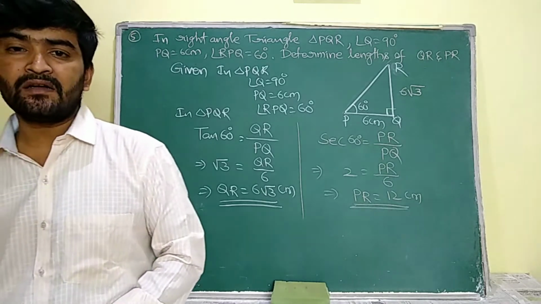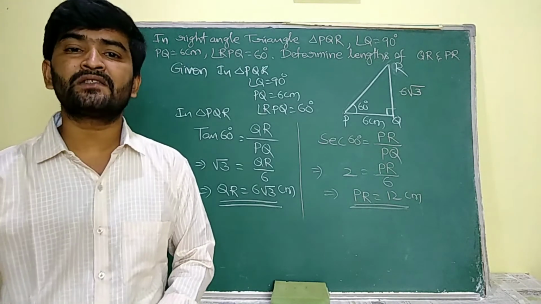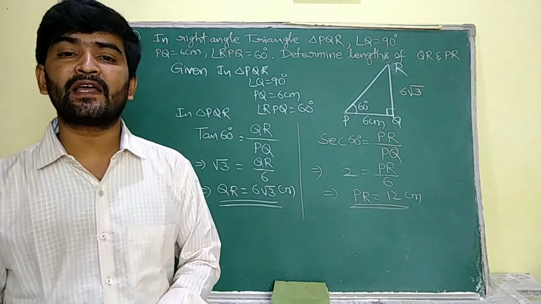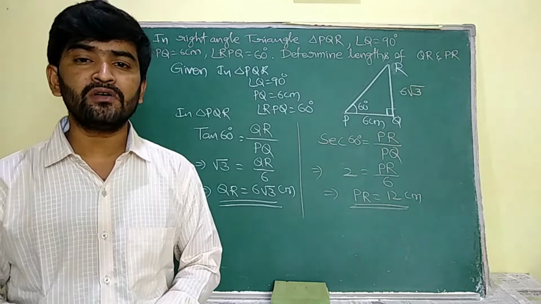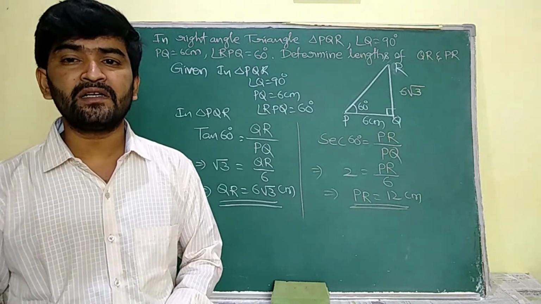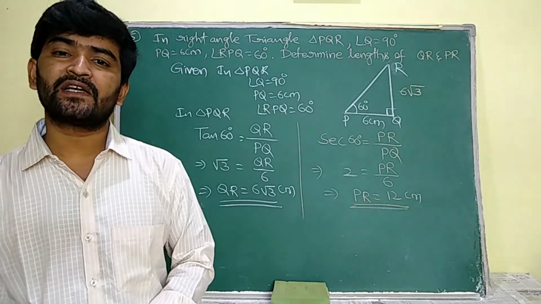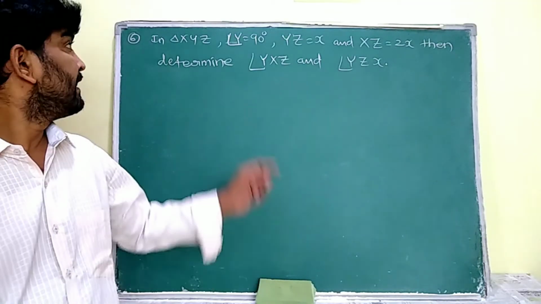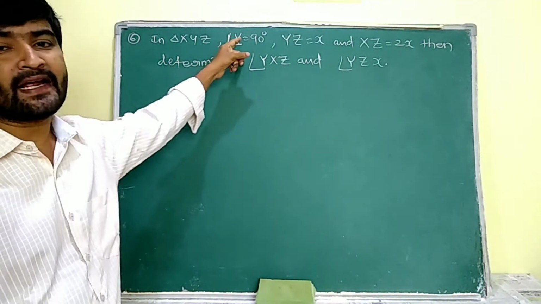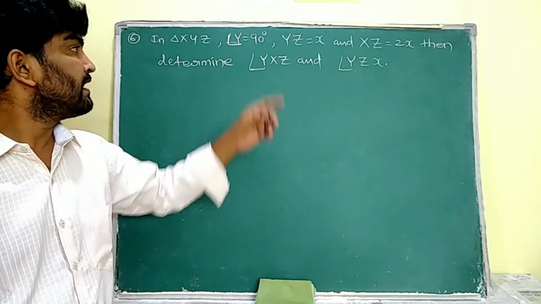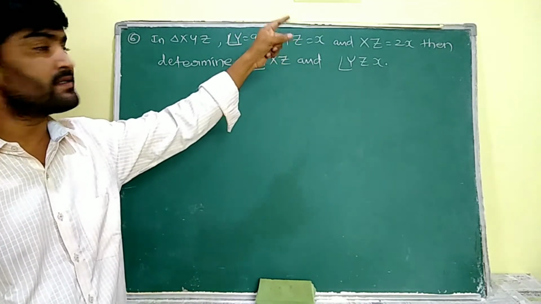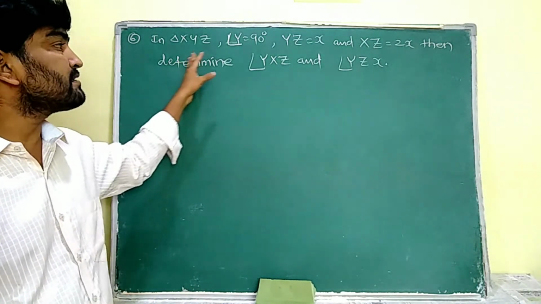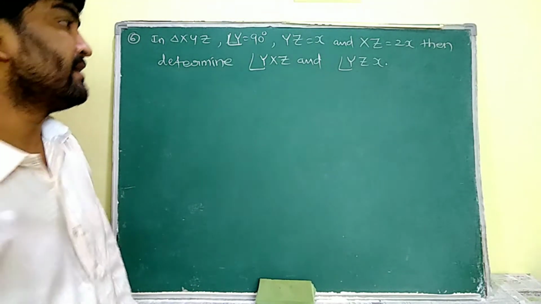Here the strategy we are following is: required side by known side, with respect to the given angle, gives which trigonometric ratio we have to check. By finding the trigonometric ratio, we calculate the unknown side. Now, in triangle XYZ, angle Y is equal to 90 degrees, YZ is equal to X and XZ is equal to 2X. He is asking us to determine the two other angles.